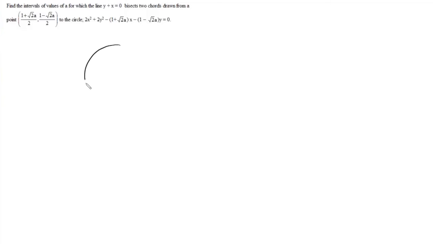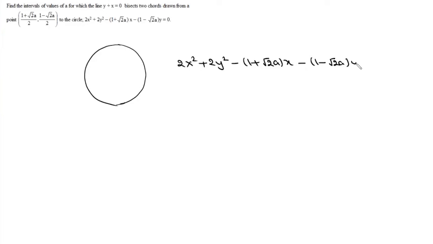So we have this circle, which is 2x square plus 2y square plus (1 plus root 2a) x plus (1 minus root 2a) y equals 0, and then we have this point on this circle from which 2 chords can be drawn, and this point is ((1 plus root 2a) by 2, (1 minus root 2a) by 2). And if we put it in this equation, it will satisfy this equation.